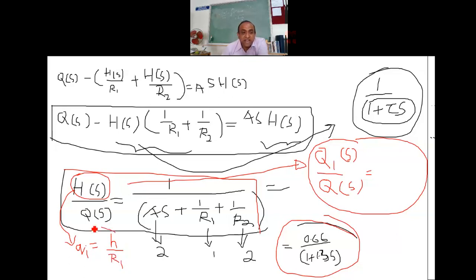Use this and try to write. That's it. Nothing else. Don't do the derivation once again. Try to write H of S in this fashion. So Q1 equals H by R1. Then apply steady state, then subtract that, things like that. So you can start doing.